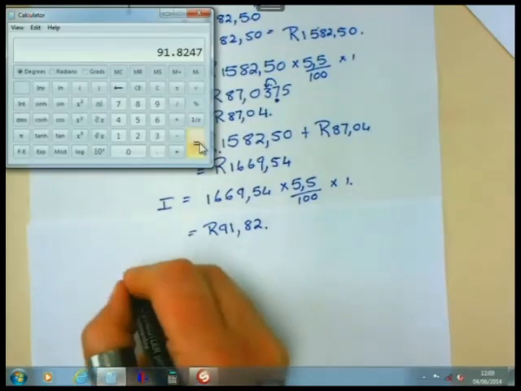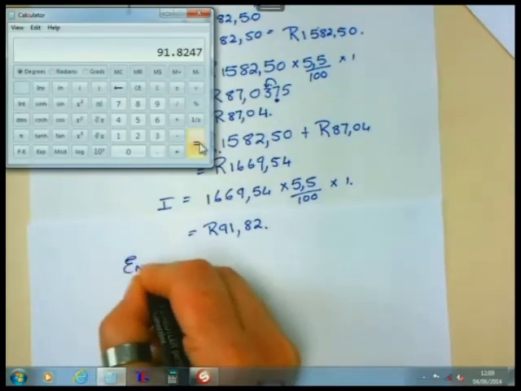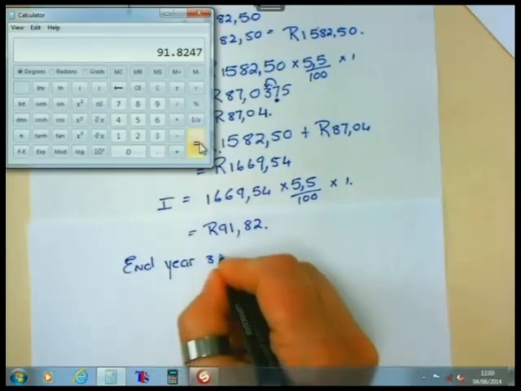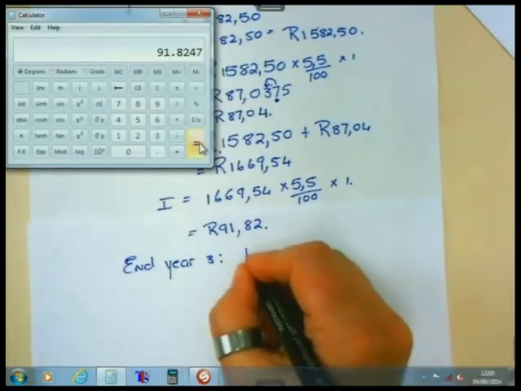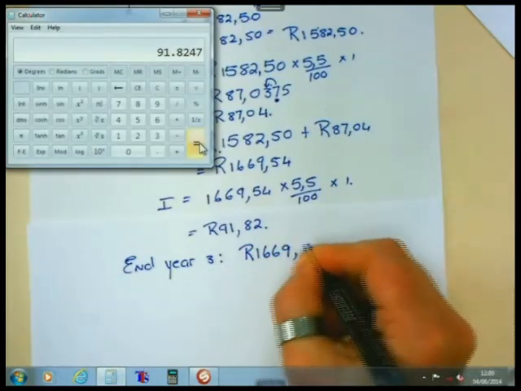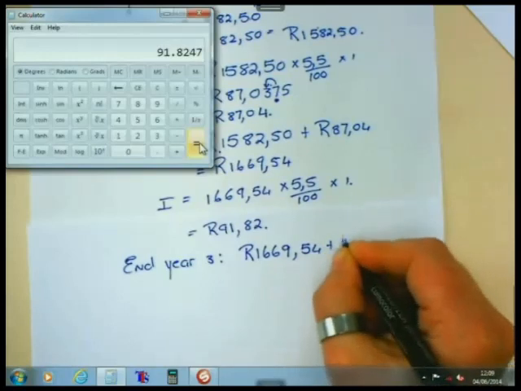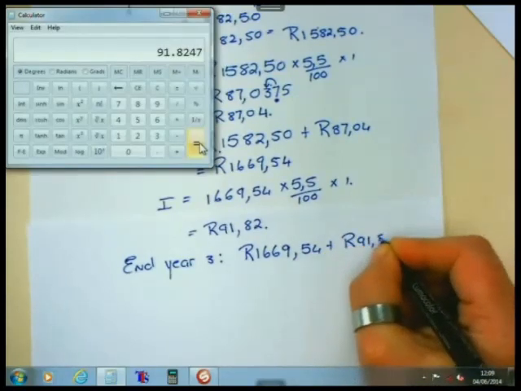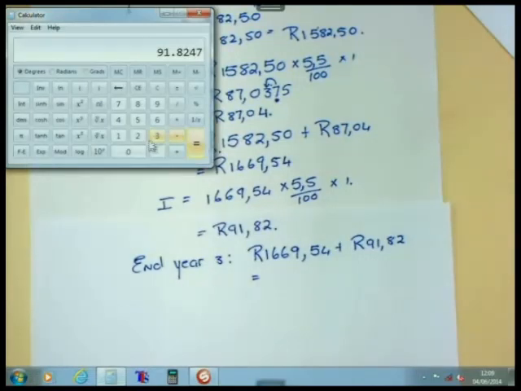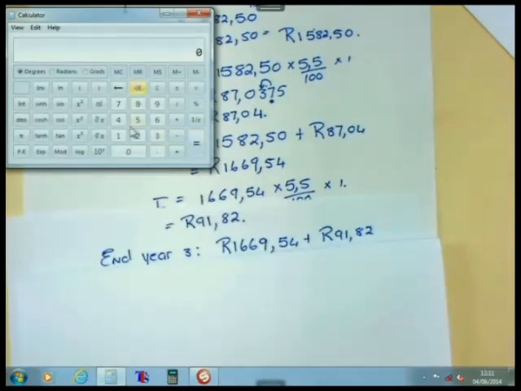So, at the end of year 3, what will the total amount be that Tandi has? The total amount at the end of year 3 will be 1,669 rand 54 plus 91 rand 82.